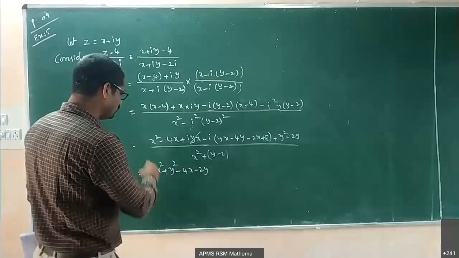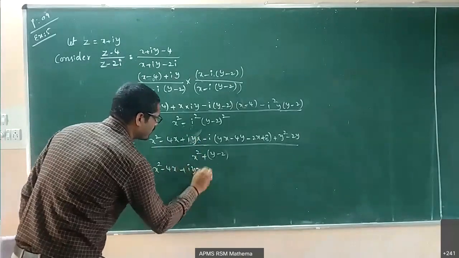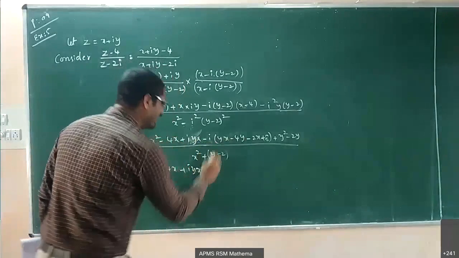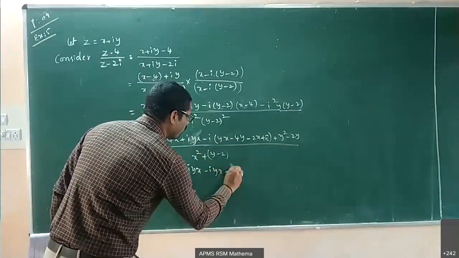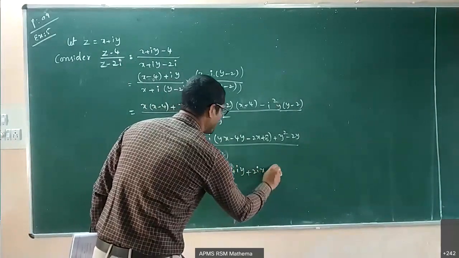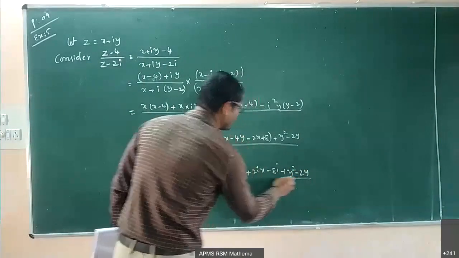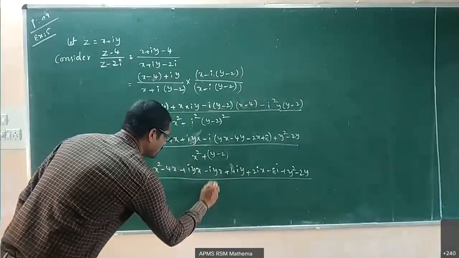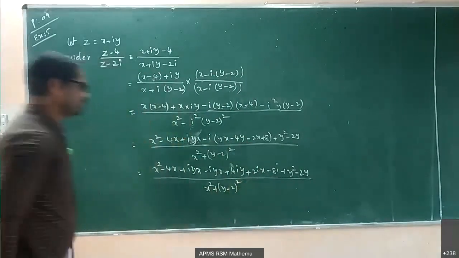Now if you further simplify this, you get x square minus 4x plus iyx, you multiply with minus iyx plus 4iy plus 2ix minus 8i plus y square minus 2y, divided by x square plus (y minus 2) whole square.